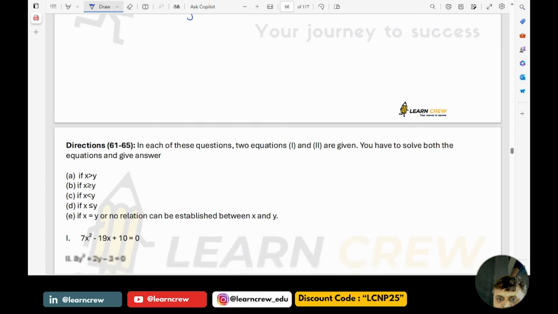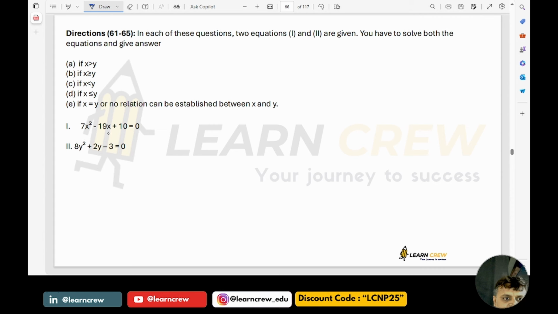Option E. Next, 7 10s are 70. 17 means 14 5. So you will get x as 2 comma 5 by 7. Then for y, 8 3s are 24, 12 and 2. 12 and 2 means you are going to get minus 3 by 4 comma 1 by 2.